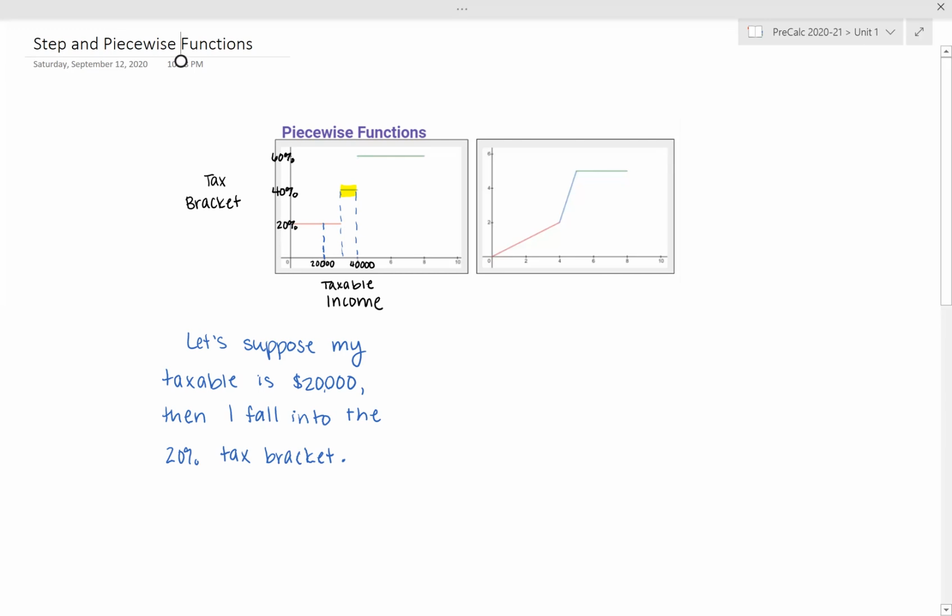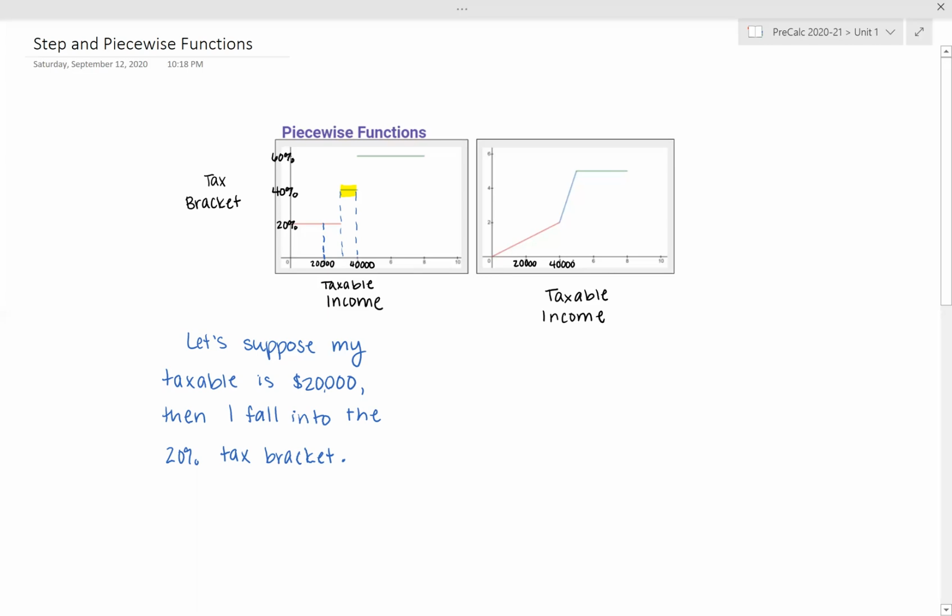Now the other option is to look at a graph like this, okay? And I'm still going to keep my x-axis the same. I'm going to keep it as my taxable income. So again, just to make it a little more realistic, we'll change these to tens of thousands, 20,000, 40,000, and so on.